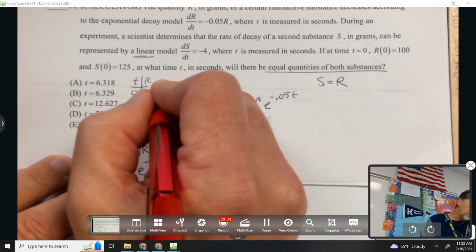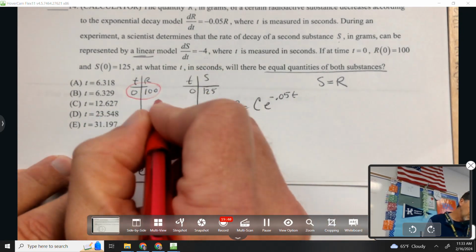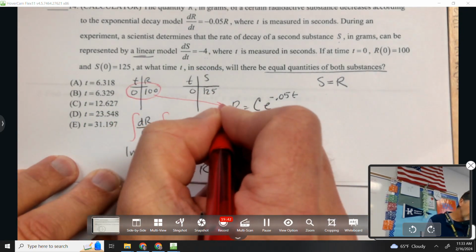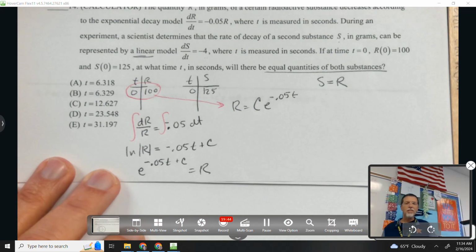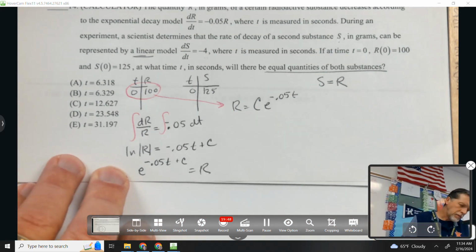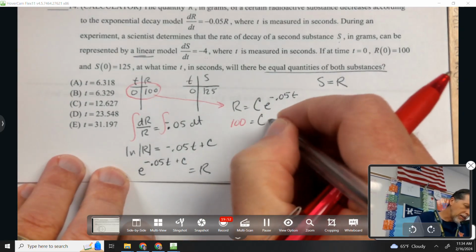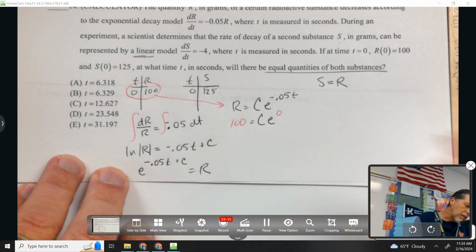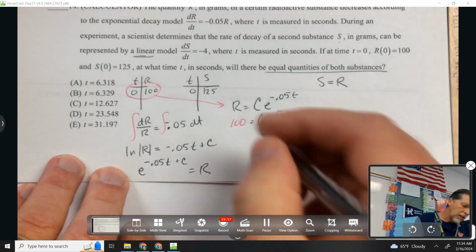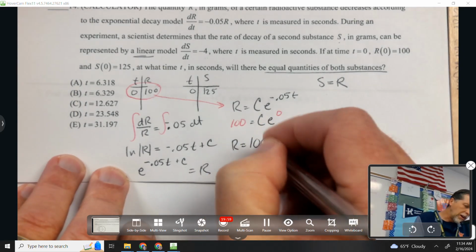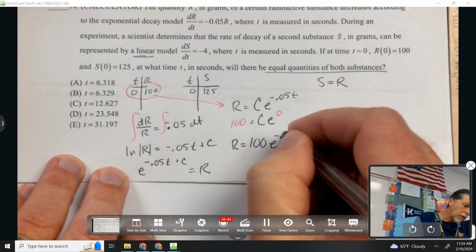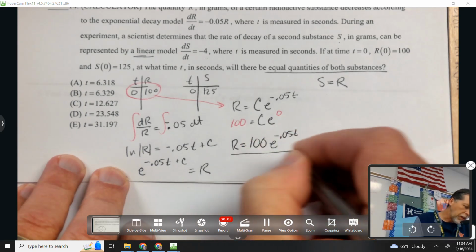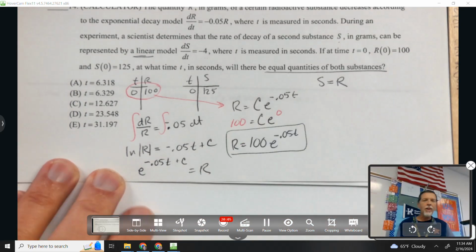Have we done enough of these for you to know what C is going to be? It's going to be 100. If I plug in 0, I'm going to get 100. So 100 in for R. I'm trying to solve for C. E to the 0. So yeah, C is 100. So R equals 100 e to the negative 0.05t. Okay, there's my R equation.